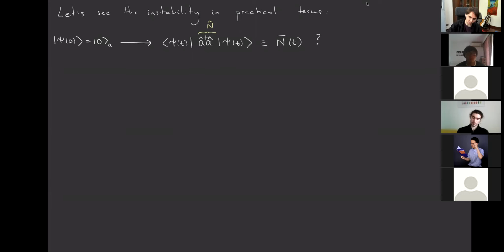So the first thing to note is the following. We are working in an intermediate picture in which we are rotating at half the frequency of the pump. And in this picture, of course, you can always write the expectation value as the state in this picture and the operator in this picture.